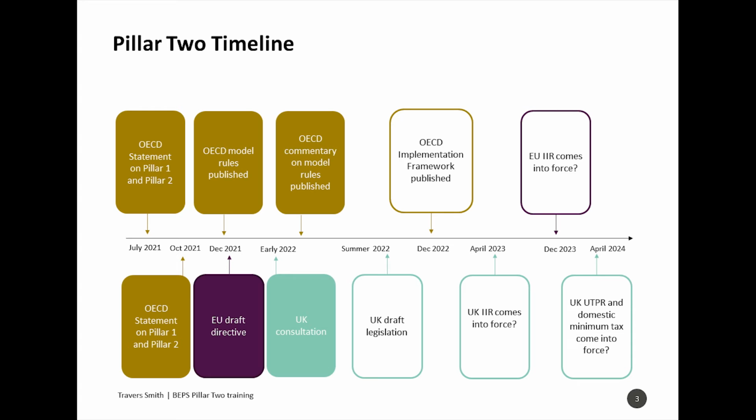So the intention is that UK draft legislation would be published on L Day this summer, so probably sometime in July. However, this will make the UK one of the first movers, if not the first mover in this area, and it may be that the UK listens to representations from business and delays the proposed effective date.